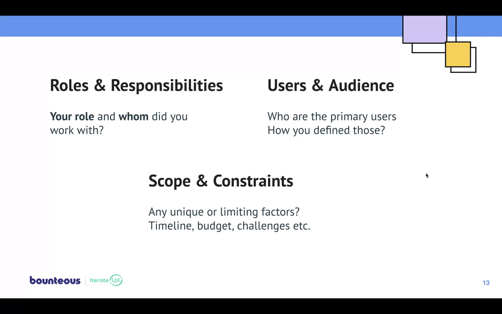User and audience. You definitely need to mention what your target audience is. You could either mention primary, secondary, tertiary audience based on what level of detail you want to mention in your case study. However, for the hackathon, you could just mention the primary audience. That is totally okay for the judges to understand what your project is focused on.